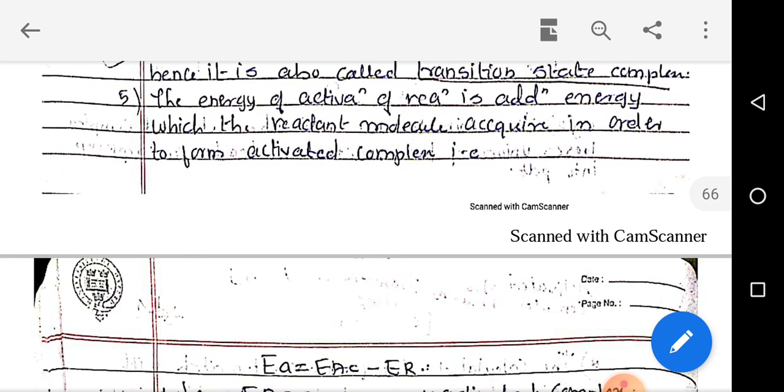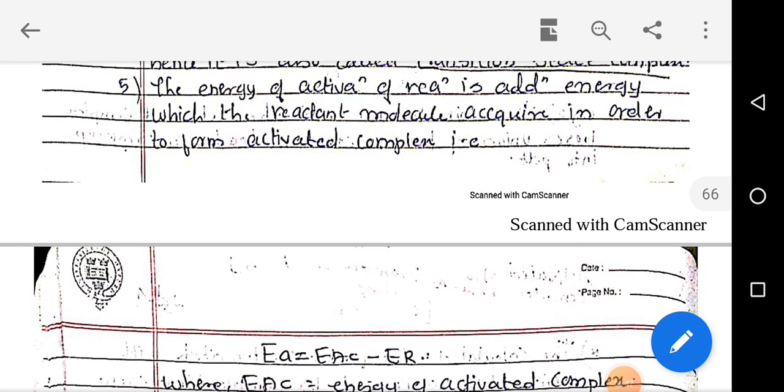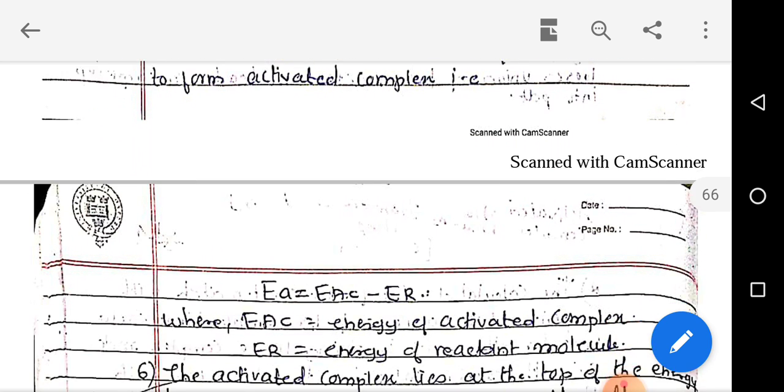The energy of activation of the reaction is the additional energy which the reactant molecules acquire in order to form the activated complex. So formation of the activated complex requires a high amount of energy, and this amount of energy is required in the form of energy of activation, so that molecules can acquire the activated complex state.